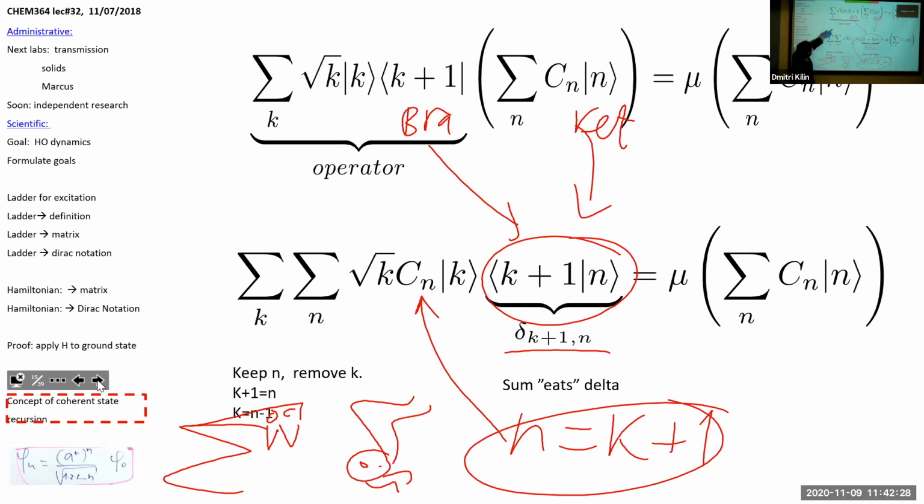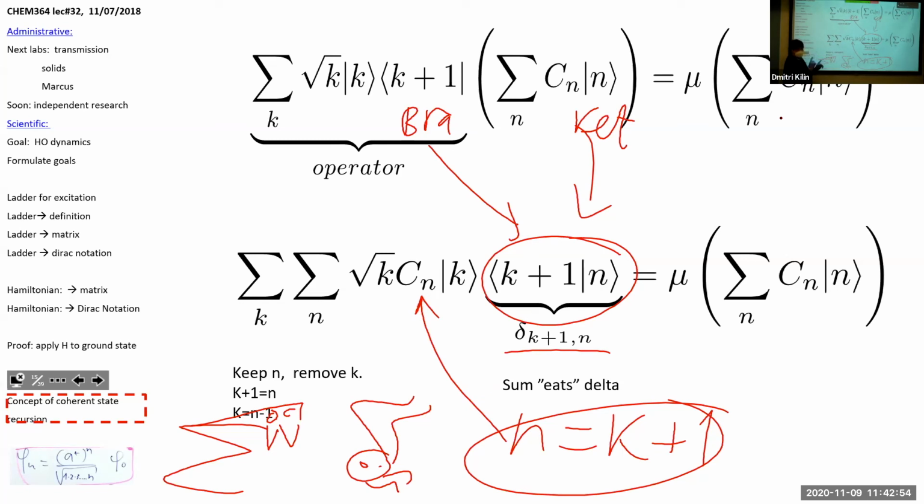So top line unknown. So eigenstate, operator, eigenvalue. Now we can take this bra and put it inside the bracket and just have two summations, right?